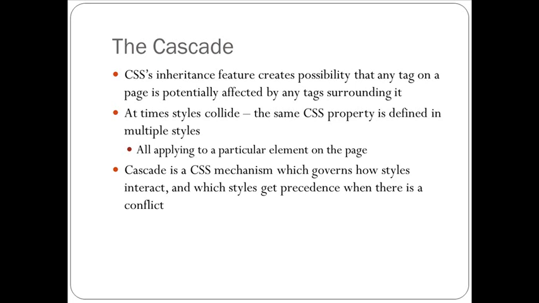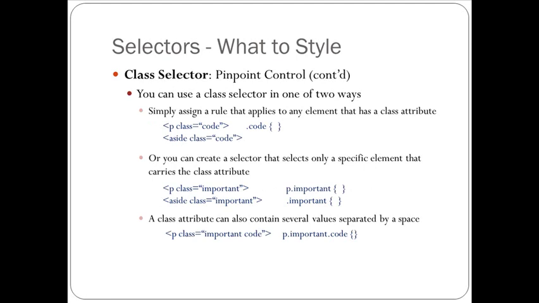Remember, in the previous video, I used this slide showing you how this particular paragraph tag has a class of important as well as code, which means that any declarations in here would be applied. Any declaration in here would be applied because it is a paragraph tag with the important class.